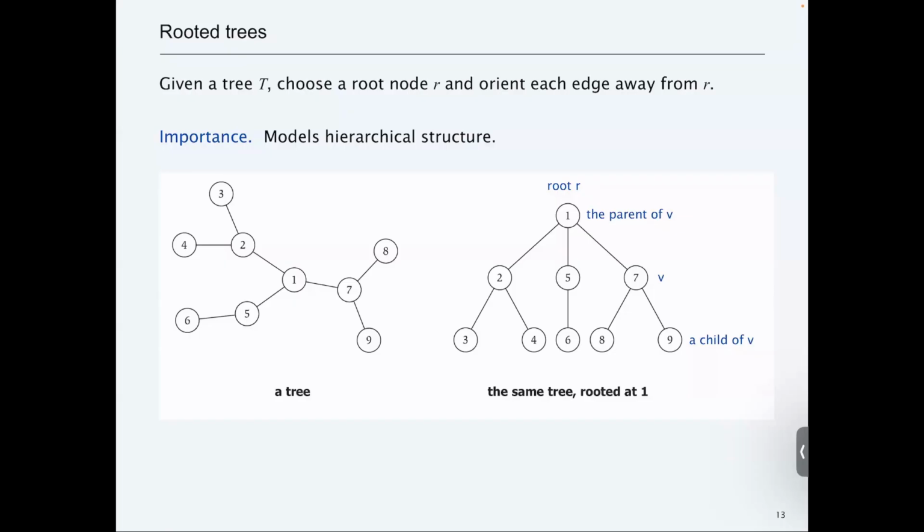The interesting thing is that the graph on the left and the rooted tree on the right are actually the exact same structure. The only difference is how we're viewing it. Here we have a tree on the left, but this is hard to see as a tree. But once we define what the root is and we say 1 is the root, all of the neighbors of 1 are now its children.